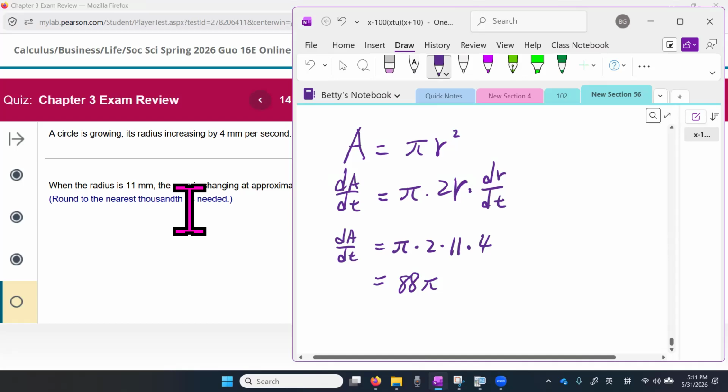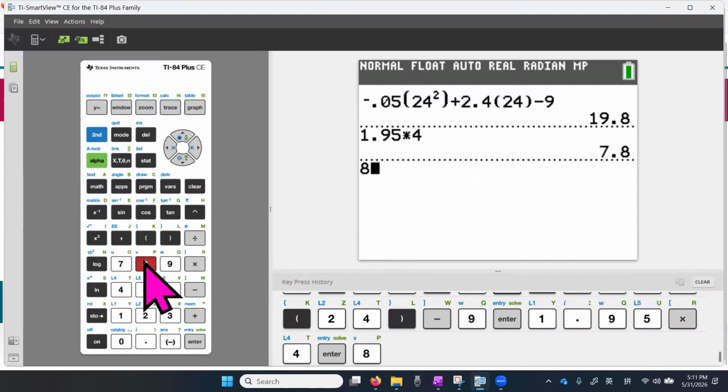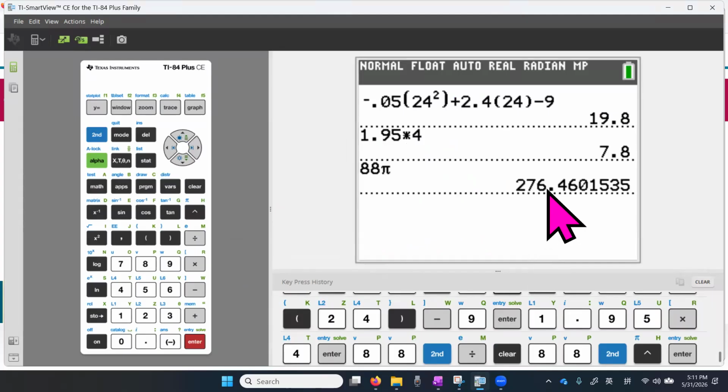Round to, so keep 3 decimal places. 88 pi. It's 276.460.